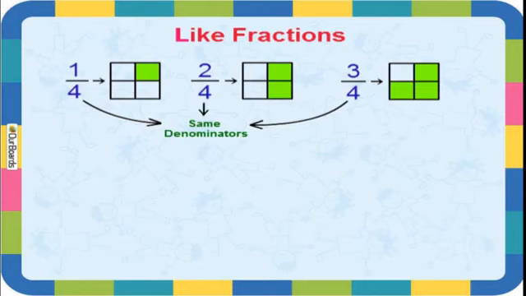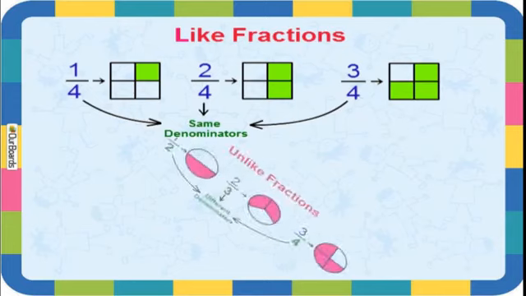In the second, 2 parts are colored out of 4. And in the third picture, 3 parts are colored out of 4. The denominator is the same here, so these 3 are called like fractions. Here we can compare: 1 upon 4 is less than 2 upon 4, and 2 upon 4 is less than 3 upon 4.